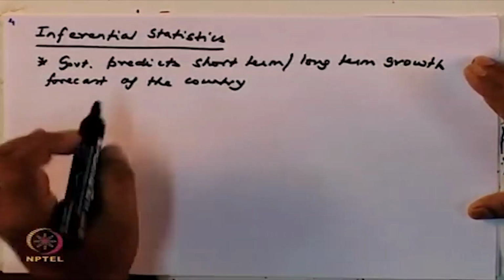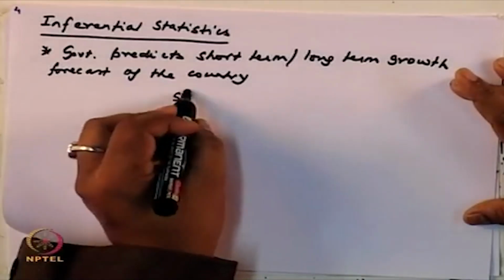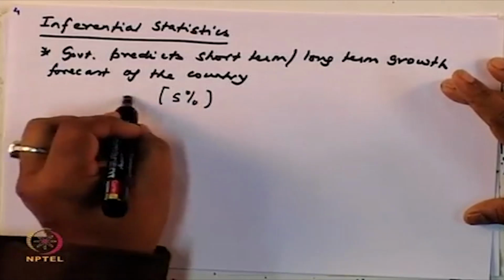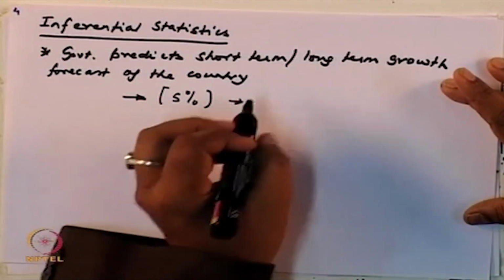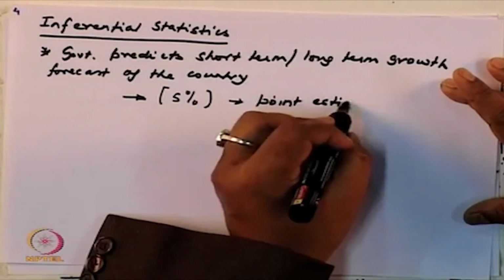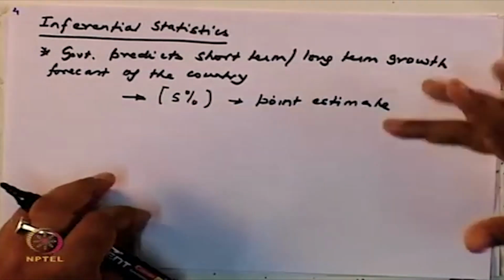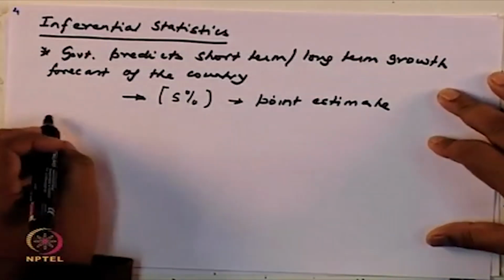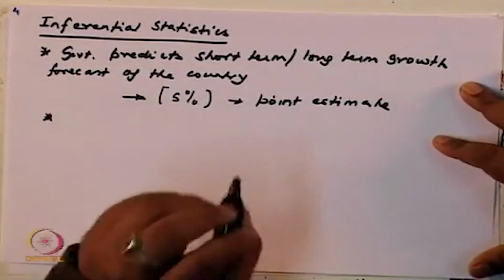So this might be, let us say, that the GDP will grow at 5%, at 7%, and so on and so forth. So here you have what is called a point estimate. That means the statistics is used to predict a single value.